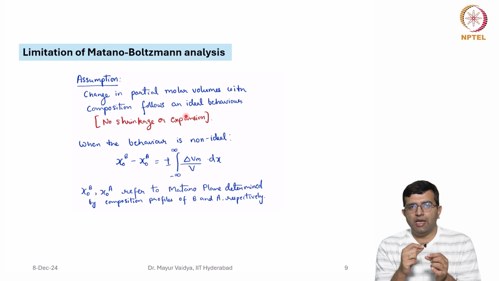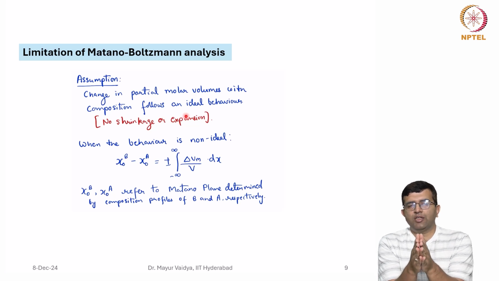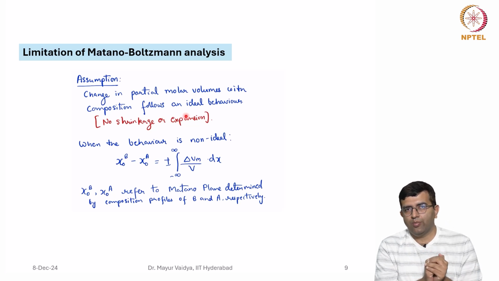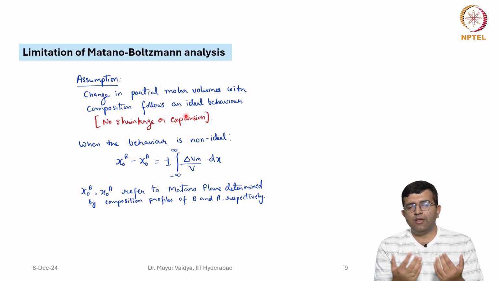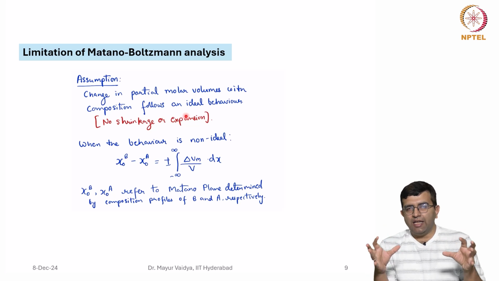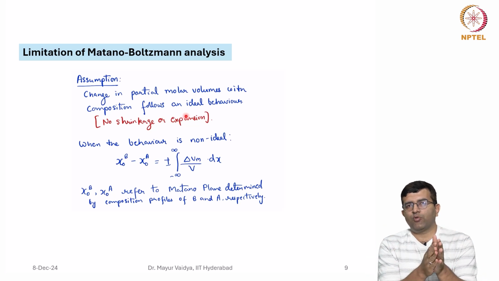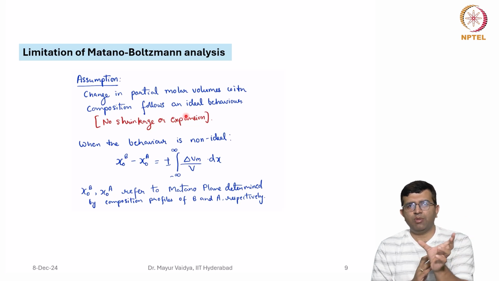However, in reality, many times the behavior is non-ideal. What happens when the behavior is non-ideal is, when you determine x naught, the Matano plane, using the profile of element B, and when you determine the value of x naught using the profile of element A. If it was an ideal case, then both the profiles should ideally give you only one value of x naught, because B and A are related.